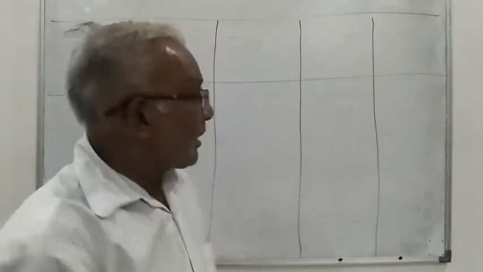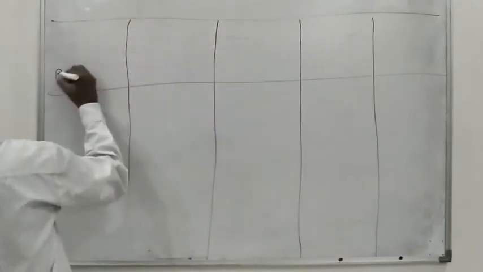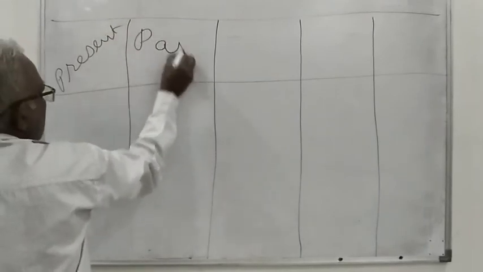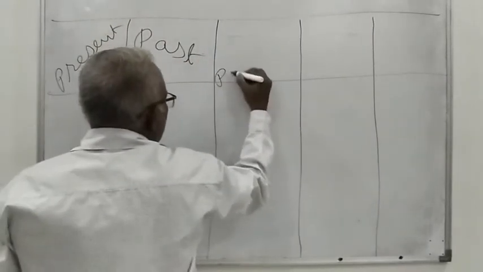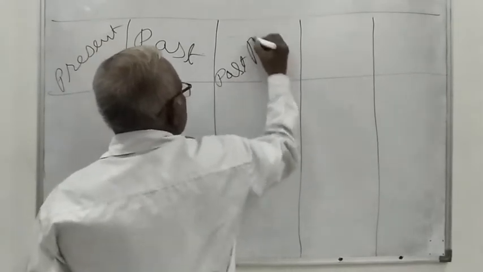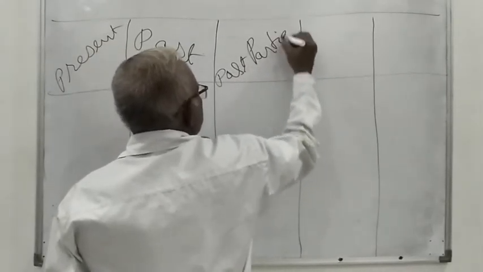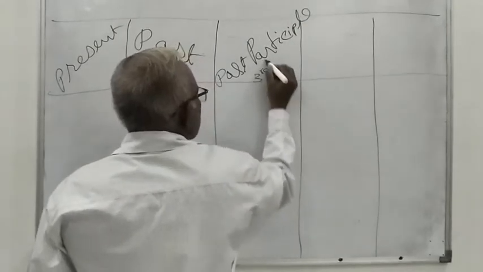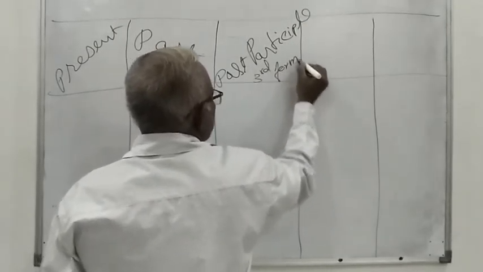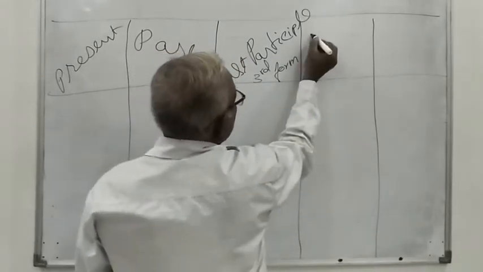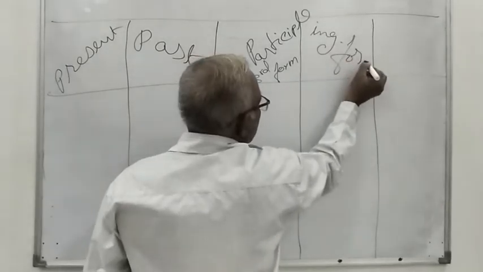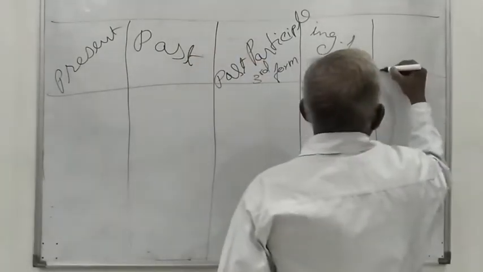Let us take a simple verb, for example, walk. Present, past, otherwise called third form of the verb, and then here we call ing form, and here you had infinitive.